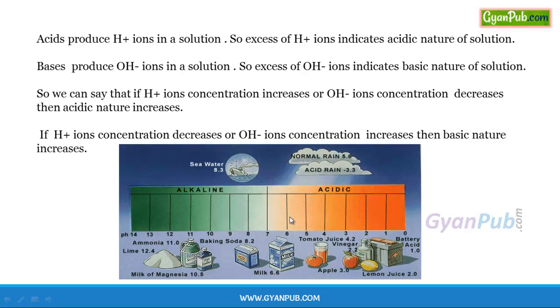Between the range of 3 to 7 we can obtain weak acids, and between the range of 10 to 7 we can obtain weak alkalis, and at 7 we can observe neutral salts, where the pH is equal to 7 and the concentration of H+ and OH- ions is equal. So this is a basic pH scale of all the common substances and their pH values, which indicates their acidic or alkaline nature.